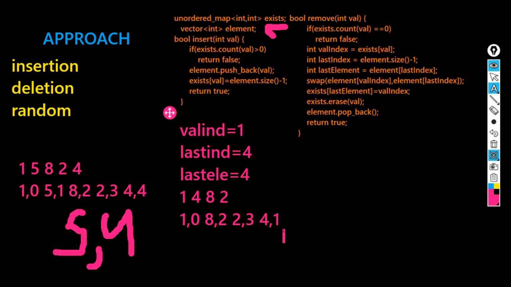Now suppose I want to delete 4. So 4 has index 1. Last index is 3. Last value is 2. This 2 is the value. Now what it will do, it will again first swap. 4 will come here, 2 will come here. What will happen here?